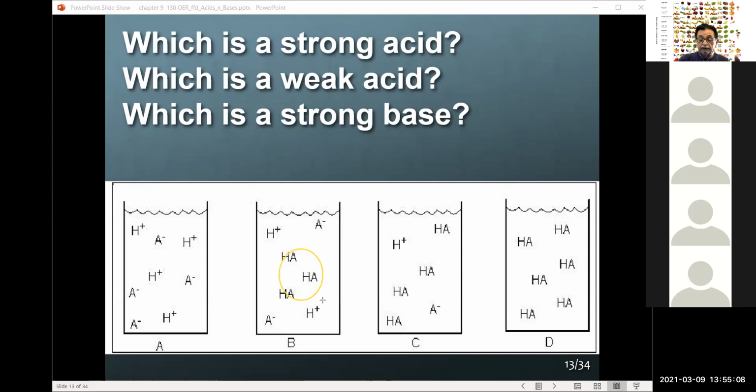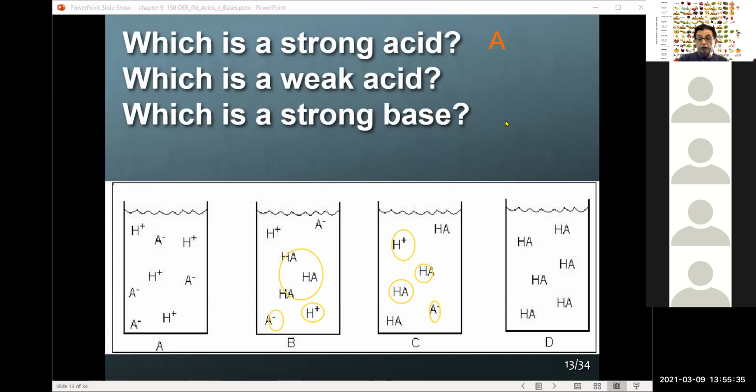There's some right there, still intact. But there's only one pair of ions in the case of C, and there are 2 pairs of ions in the case of B. So B and C would be weak acids.